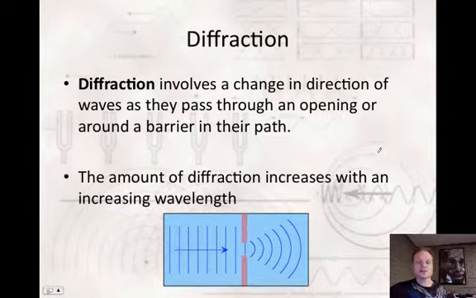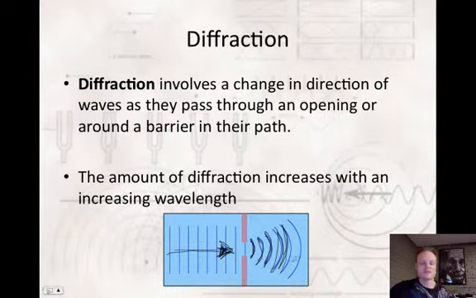The second type of thing we have to talk about is something called diffraction. Basically, diffraction involves a change in direction of waves as they pass through an opening or around a barrier in their path. Here you can see water waves traveling this direction, and they're going to go through this opening. As they go through this opening, they start to diffract. They produce a pattern something like this.